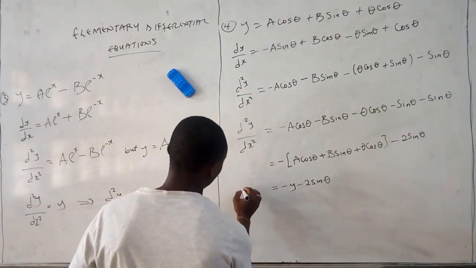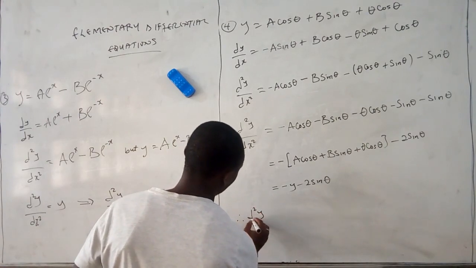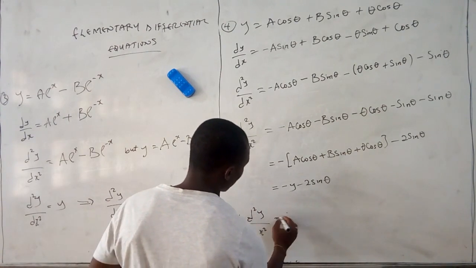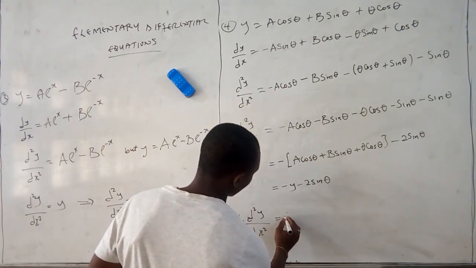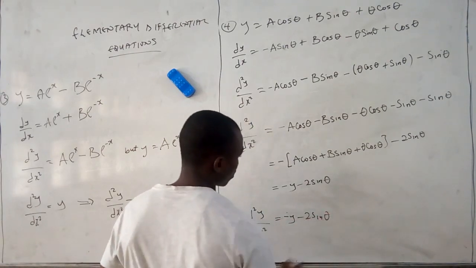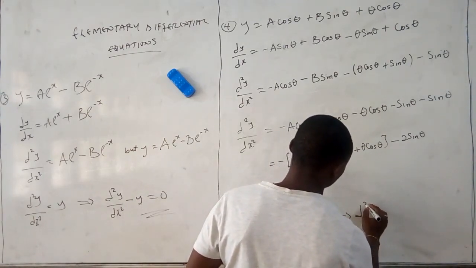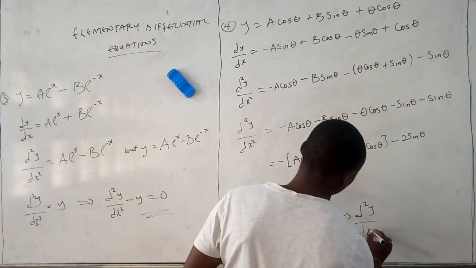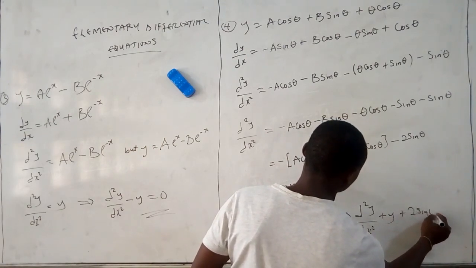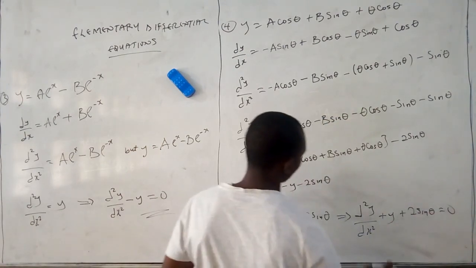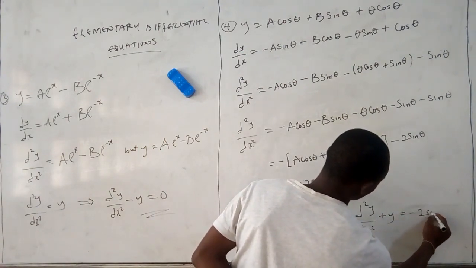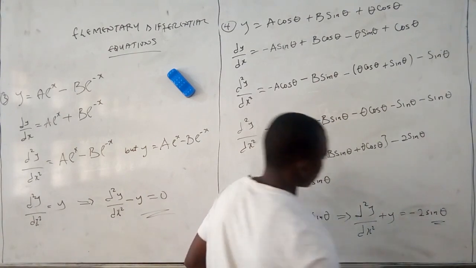So finally, d square y all over dx square is equal to minus y minus 2 sin theta, which implies our solution: d square y over dx square plus y is equal to minus 2 sin theta.